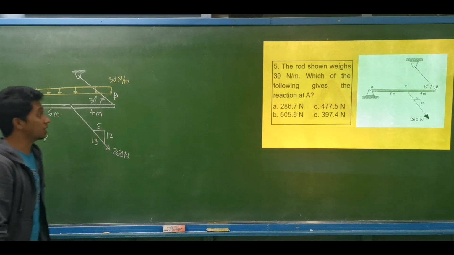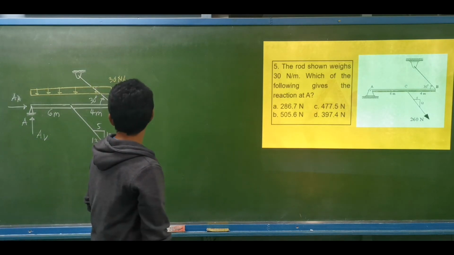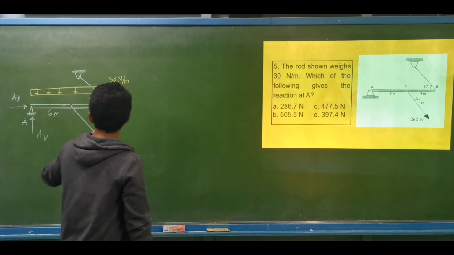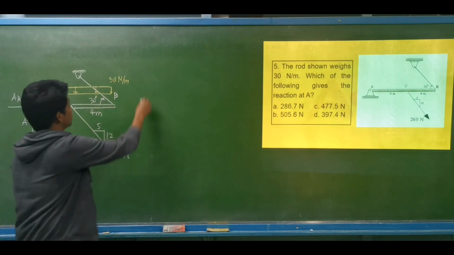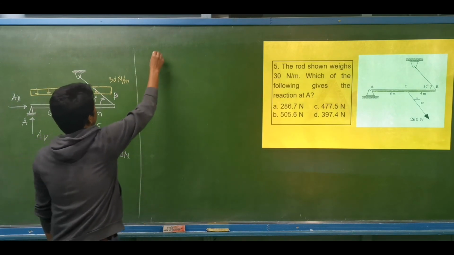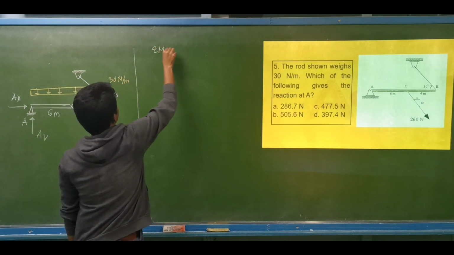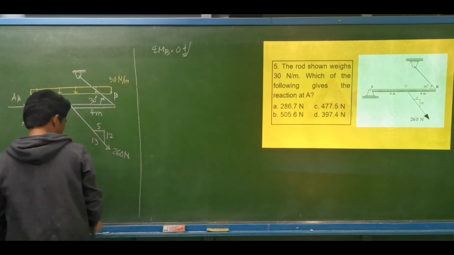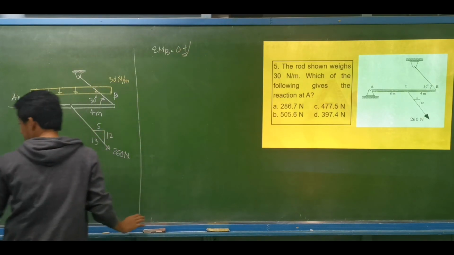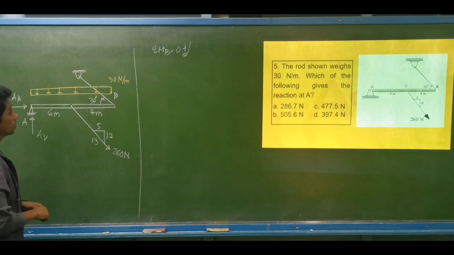So we will do summation of moment about point B. Summation of moment at B equal to 0, clockwise moments to be positive. So what are the clockwise moments about point B?